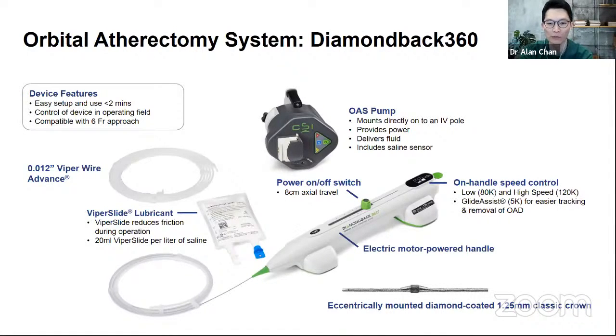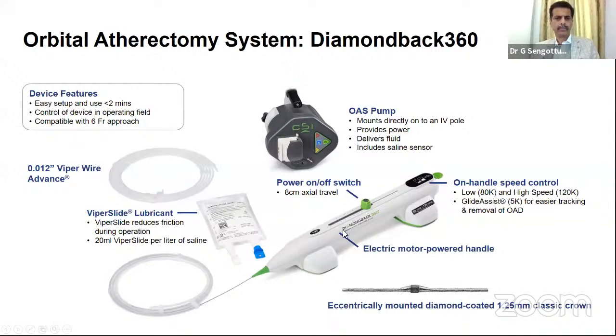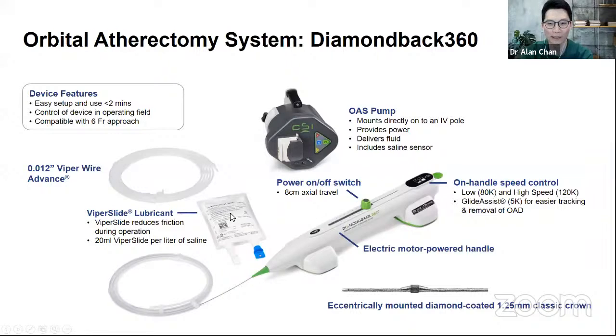I think most of you will be aware of the basic setup. You have a pump, you have an electric console, you have the lubricant, as well as the dedicated wires, ViperWire. And more importantly, you understand that this atherectomy device is based on an eccentrically mounted diamond-coated crown, in contrast to rotational atherectomy, which is the typical diamond-shaped crown.